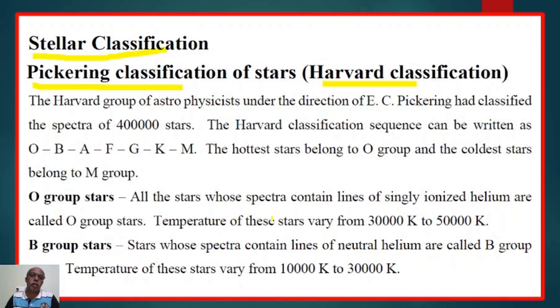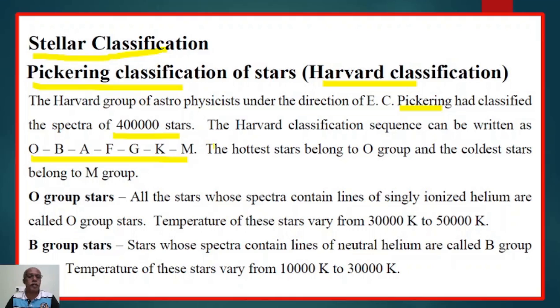The Harvard group of astrophysicists under the guidance of E.C. Pickering classified the spectra of 400,000 stars, and this sequence can be written as OBAFGKM, among which the hottest stars belong to O group, whereas the coldest stars belong to M group.